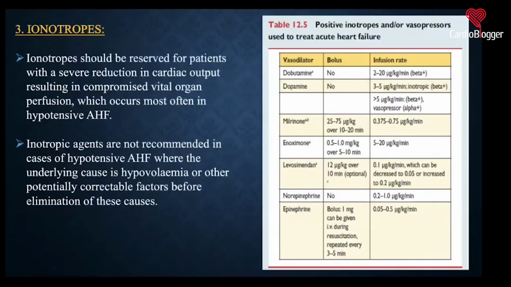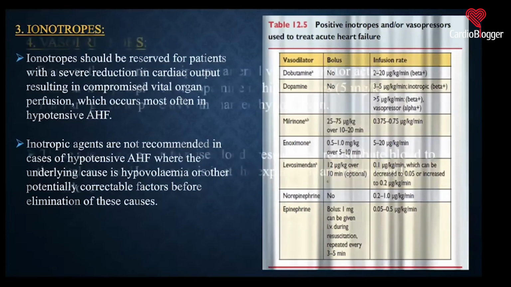Epinephrine is only reserved for patients who have undergone CPR and during resuscitation. Also, in post cardiac transplant patients, epinephrine is a good drug to be used, but not otherwise. In refractory shock where any drug has to be used, epinephrine and vasopressin can be used.